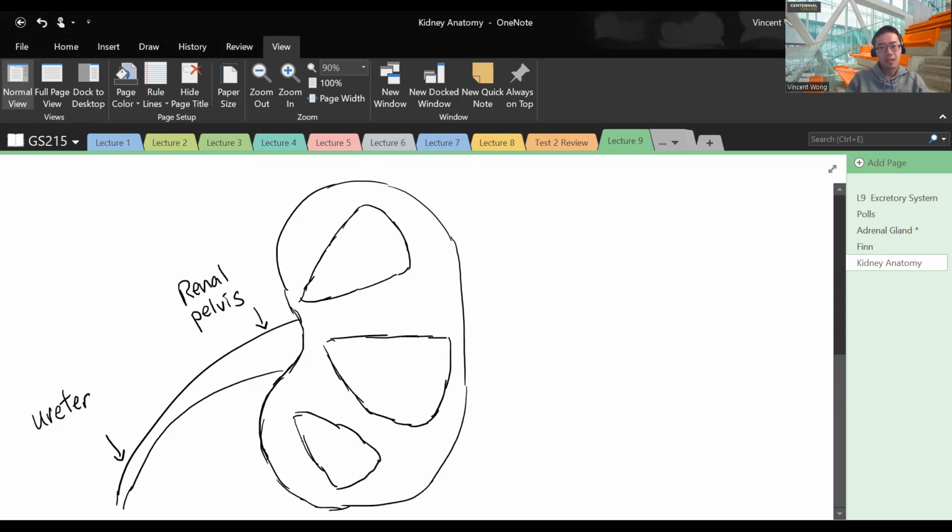But for simplicity, we're just going to draw 3 of these little triangles. Now it looks like a wedge of lemon or lime, whatever you want to call it. Sorry, I'm just going to give it a little more space here. There we go. That should be okay.